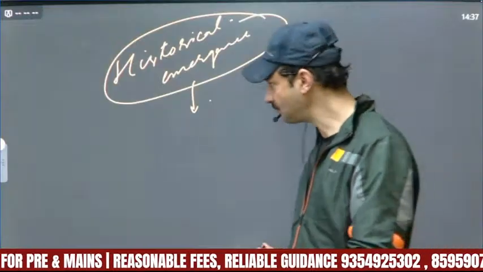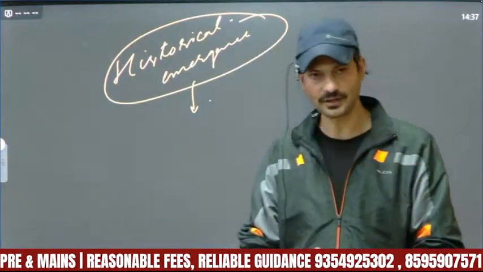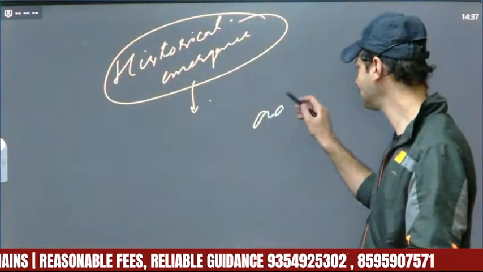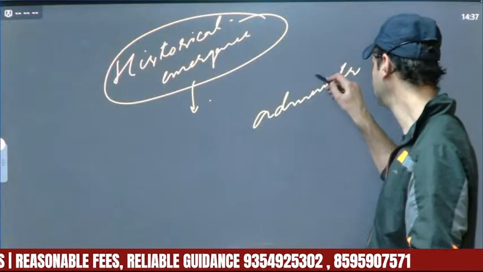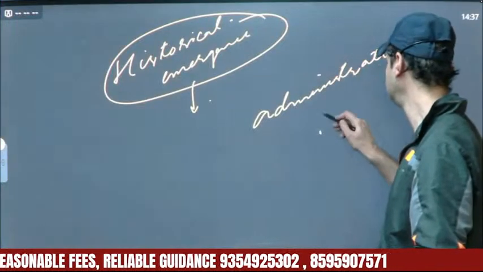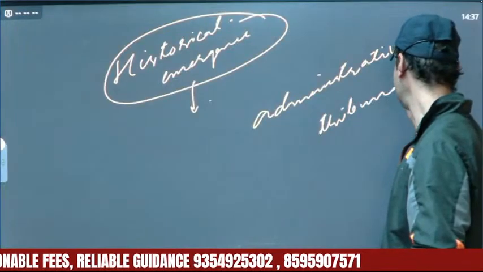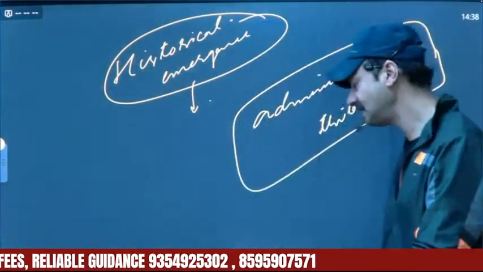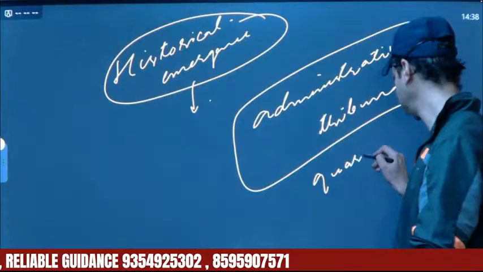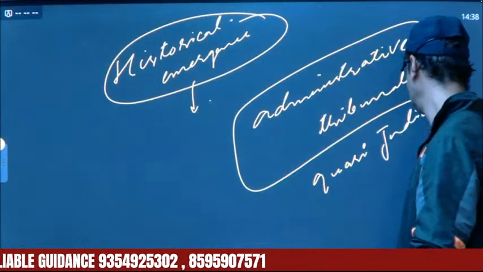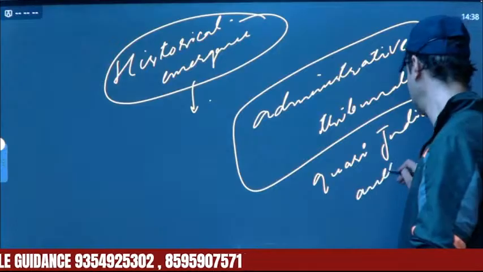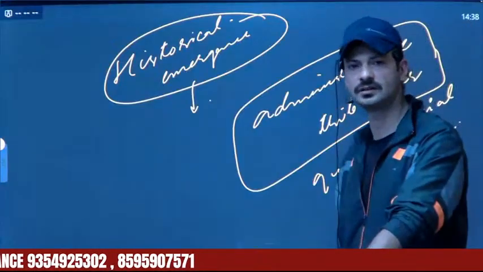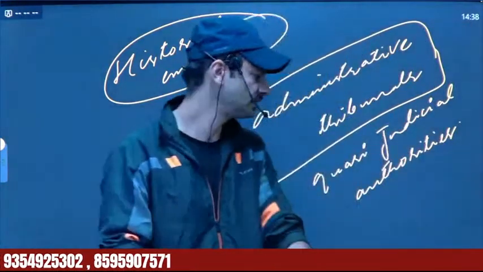Ye bodies came to be known as administrative tribunals, or quasi judicial authorities. Because they're not fully judicial, they're quasi judicial in that aspect.